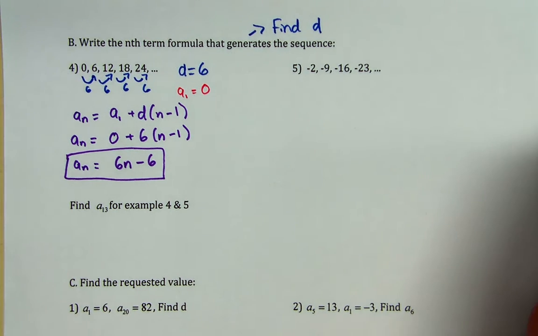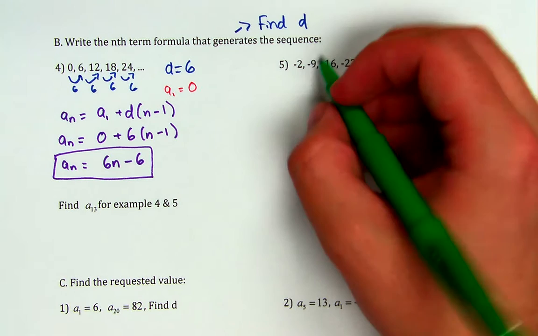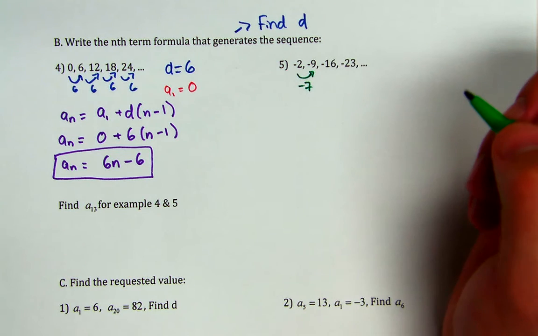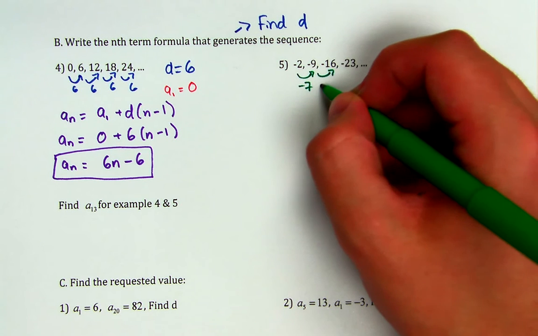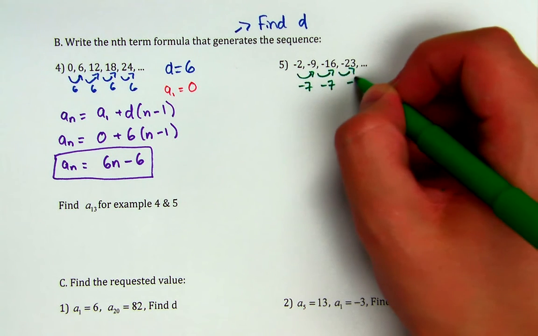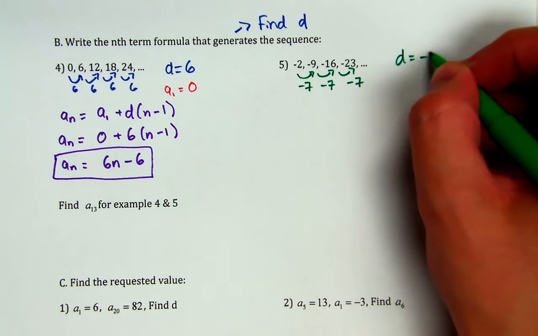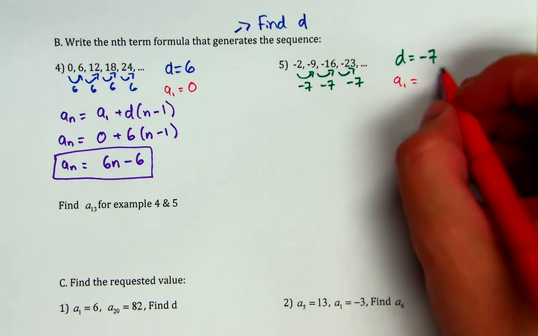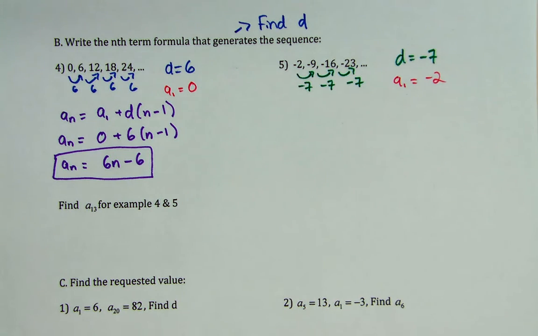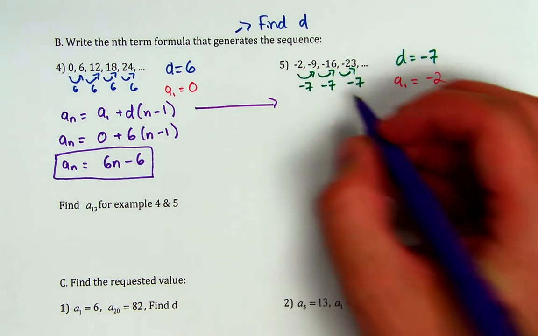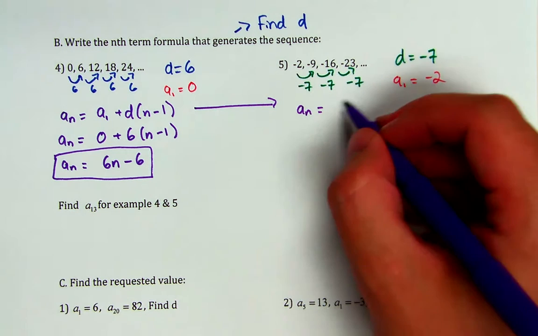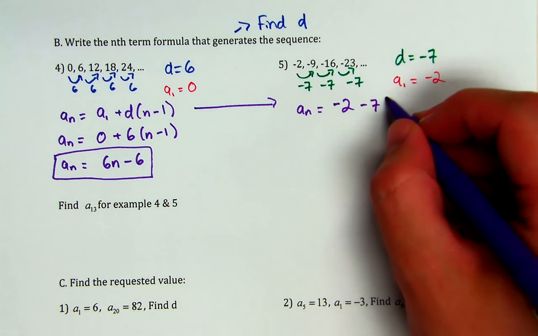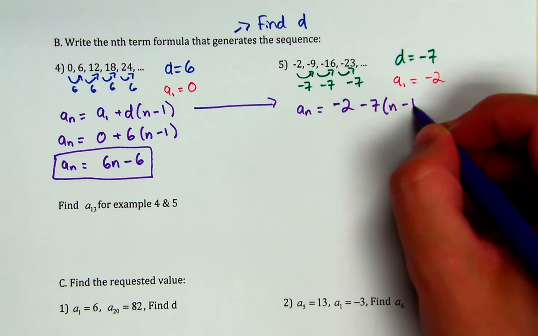Alright. Second one over here. Looks like we're subtracting 7 maybe. Keep going. Looks like we're subtracting 7 still. Still subtracting 7. So D equals negative 7, common difference. A1 equals negative 2. So again, use your formula here. So an equals a1 is negative 2 minus 7, because it's plus a negative, n minus 1.